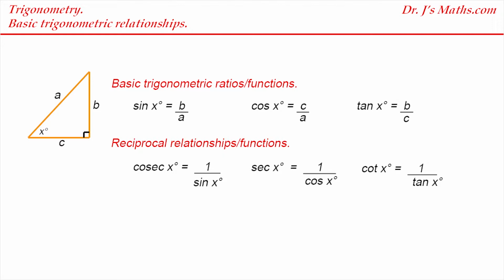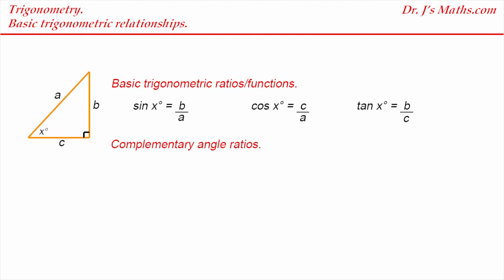So they're the reciprocal relationships. If you get into trouble at some stage and you can't remember which is which, go for the third letter. So in cosec we've got S for the third letter, therefore it's 1 over sine. C in sec is 1 over cos, and the T in cot is 1 over tan. Quick way to remember it.